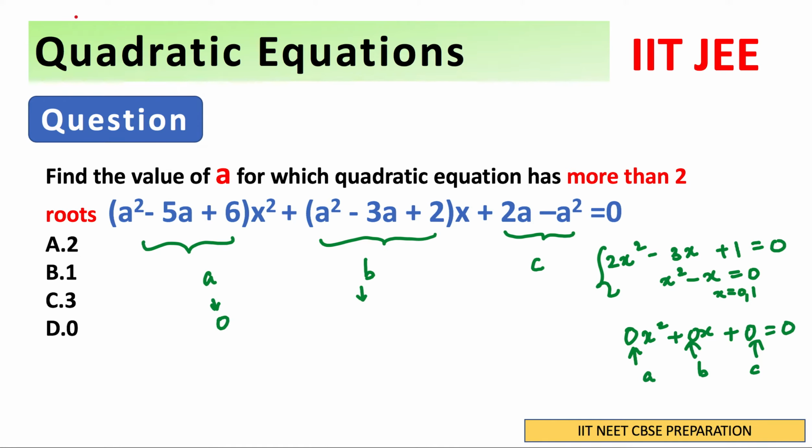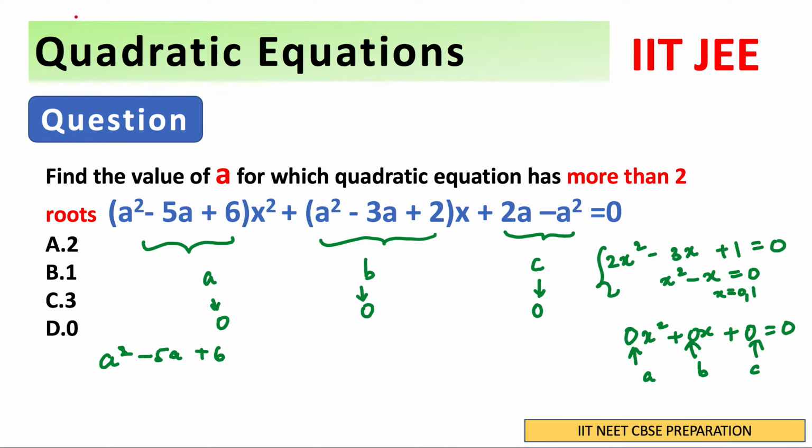So if you equate a, b and c, all of them to 0, you are going to find out what those values of a are. That's basically the concept. It's very simple: having more than two roots means it's an identity.